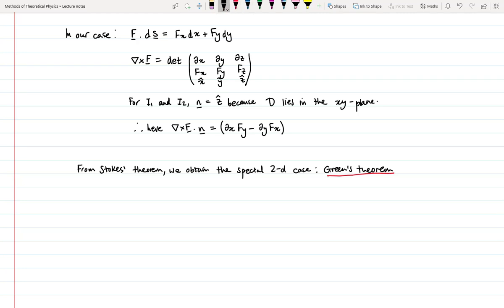Green's theorem is that the integral along the closed loop C in 2 dimensions of fx dx plus fy dy is the integral over the region D of dx fy minus dy fx, and the area element is dx dy. And this is also important.